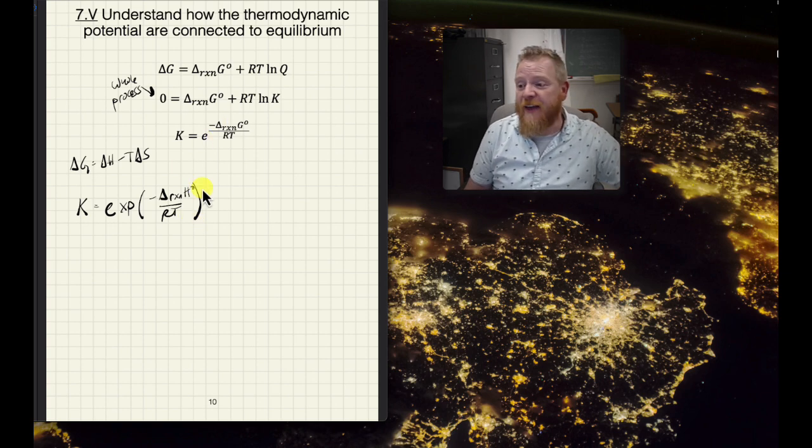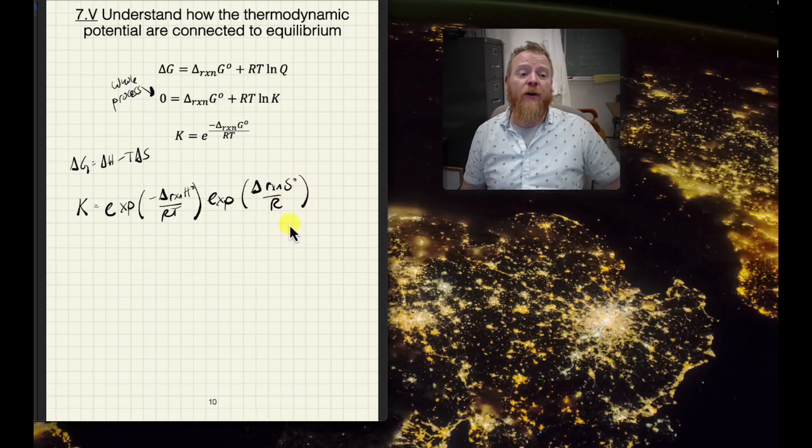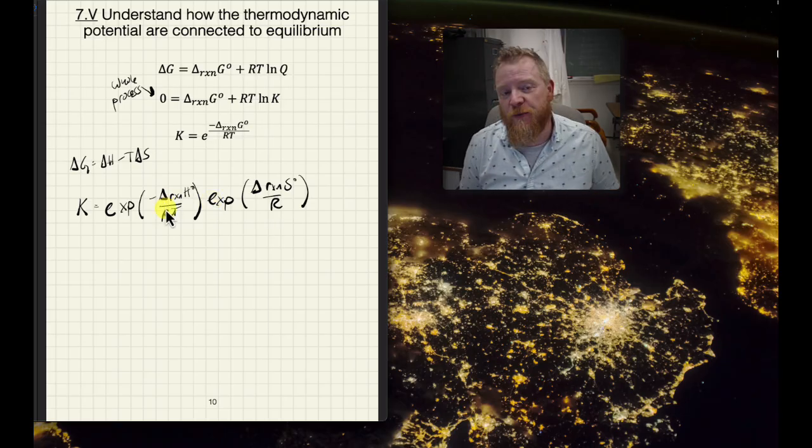And then now plugging that in and doing some algebra, we'll have the exponential of, so now the negative and the negative cancel, and the T cancel. So that becomes delta S Rxn divided by R. And so this is our double exponential, if you will, here.